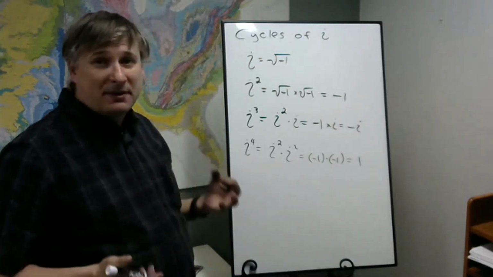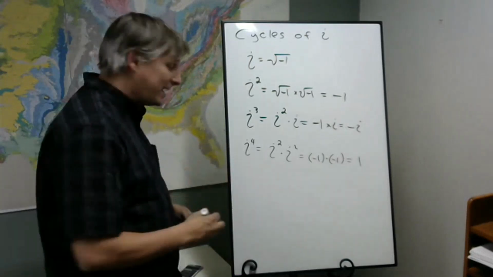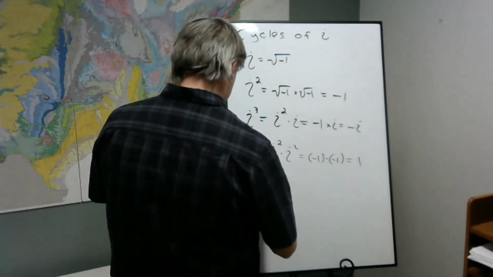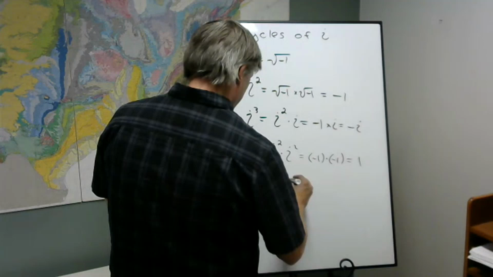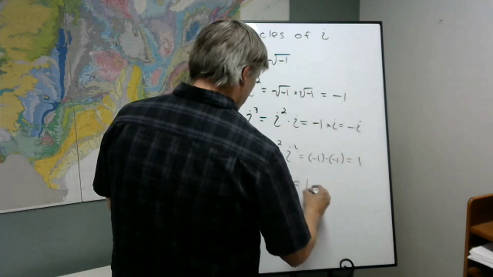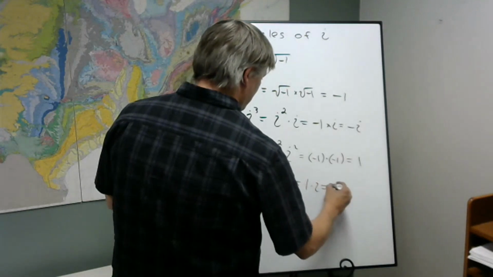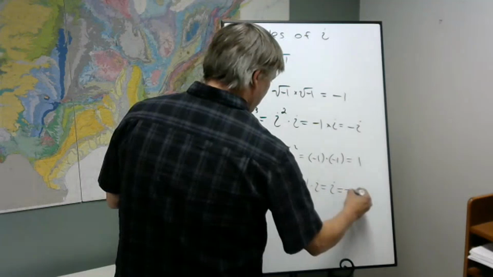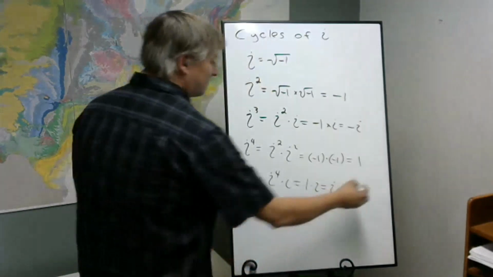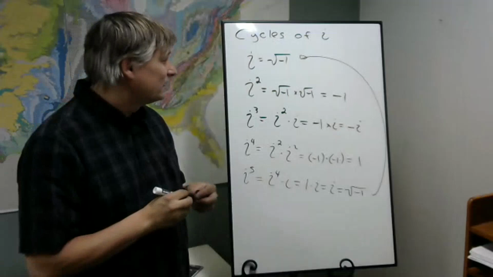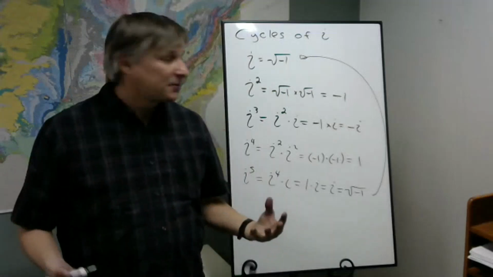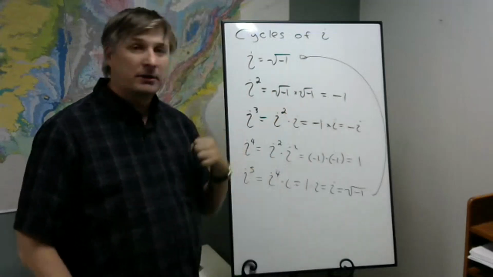So what happens now? Well, we go I to the fifth. This will be I to the fourth times I, or 1 times I, which is I, square root of negative 1. We've gone back to the beginning. And so if we did I to the sixth, you would get negative 1.